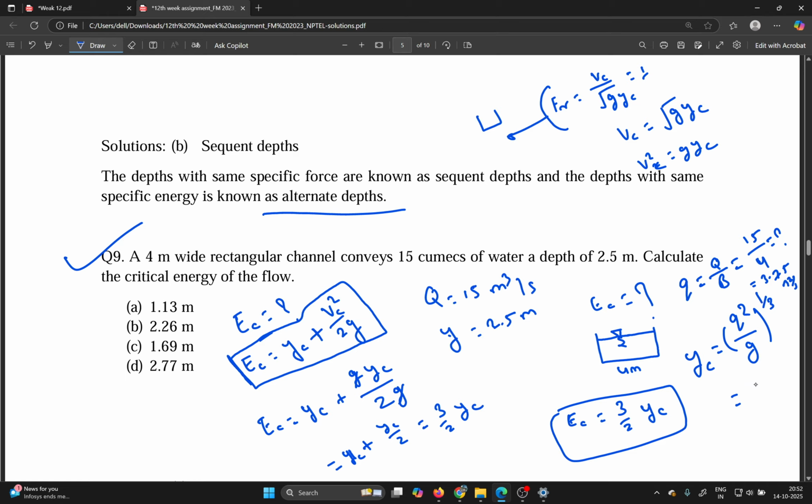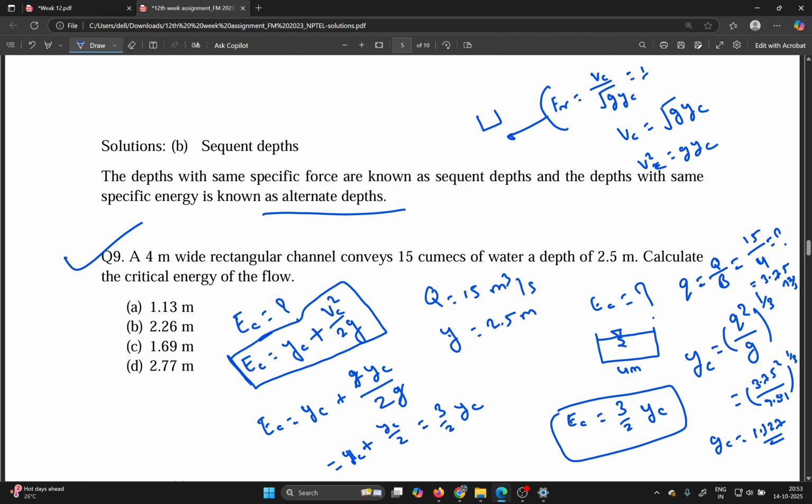Here you need to put 3.75 square divided by 9.81, power 1 by 3. Square is equal to 14.06 divided by 9.81, power 0.333. So Yc is 1.127.